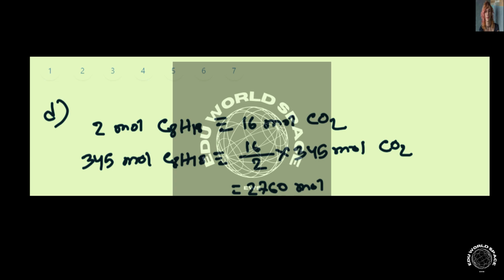And if we just multiply this by the molar mass of CO2, which is 44.01 gram per mole, it will give us the mass of CO2, which is 1.21 times 10 to the power 5 gram CO2. So 1.21 times 10 to the power 5 gram of CO2 is produced when 15 gallon of octane are combusted.